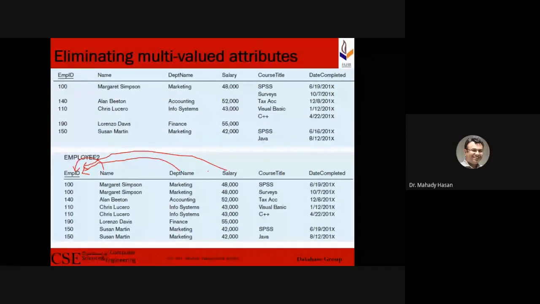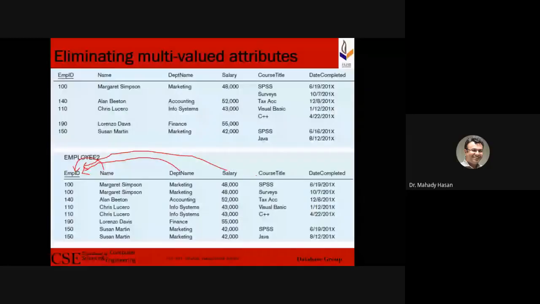Okay, now tell me one thing. We can either combine employee ID with course title or date computed. Which one should we do? Before doing it, can you tell me, is course title dependent on anything?